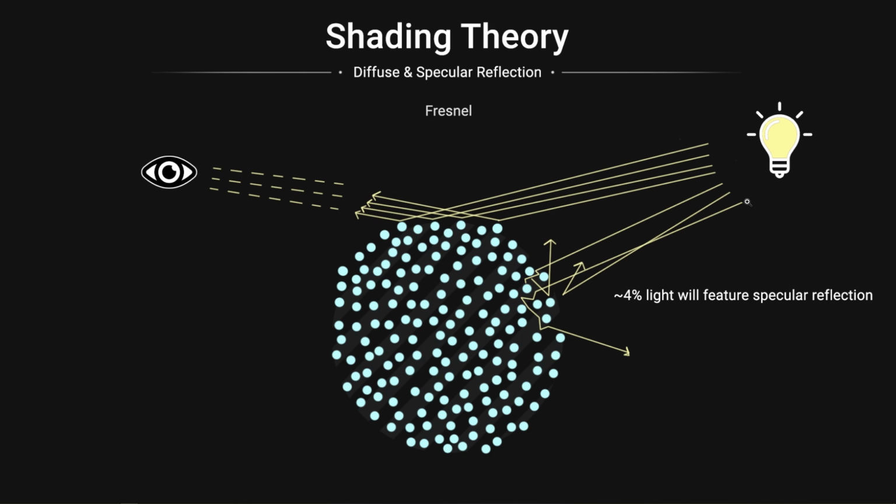So that is why a dielectric sits at about 4%. And as we reach this grazing angle, we have near 100% chance of a specular reflection to occur. And the combination of this percentage right here, the direct hits, let's say, along with the Fresnel, accounts for the specularity on all objects.